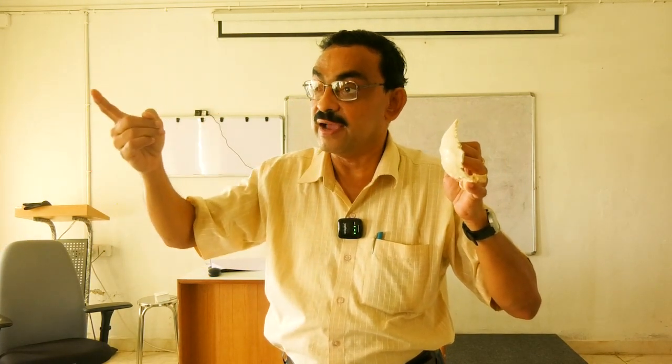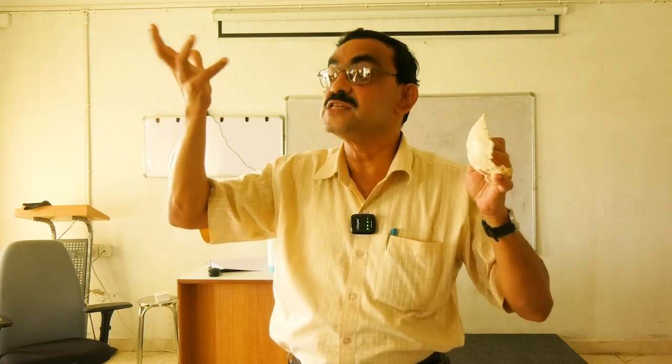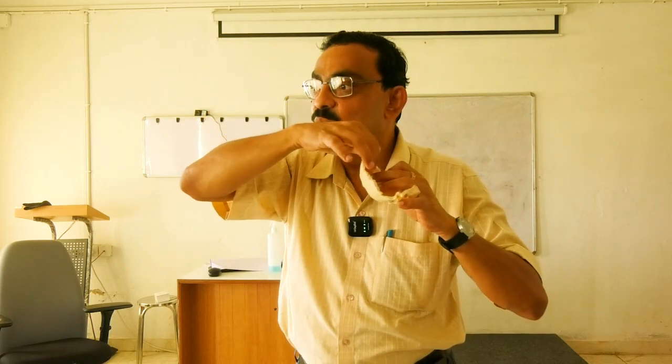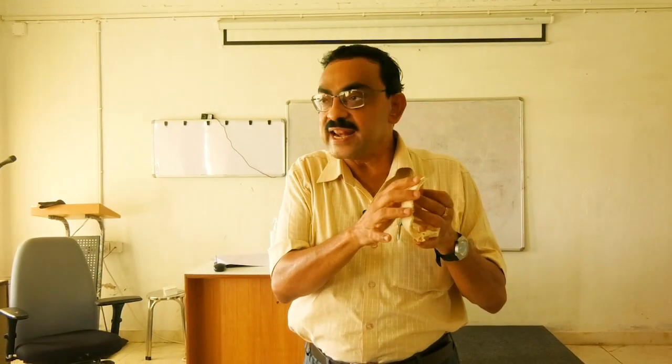Calvaria means a brain box, the area where the brain is accommodated. So this is the superior nuchal line, and this is the highest nuchal line.